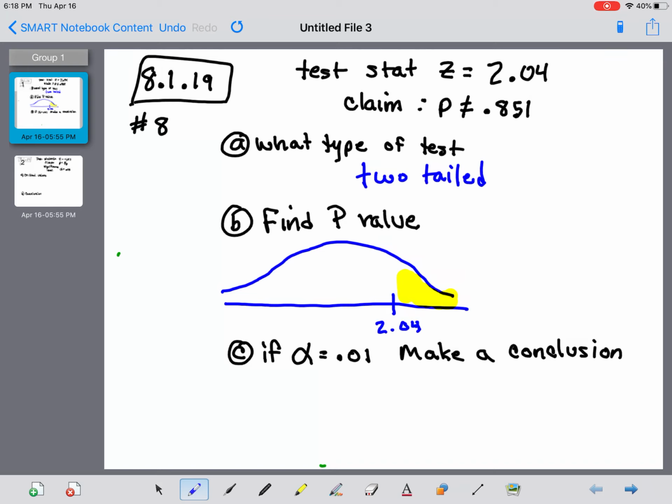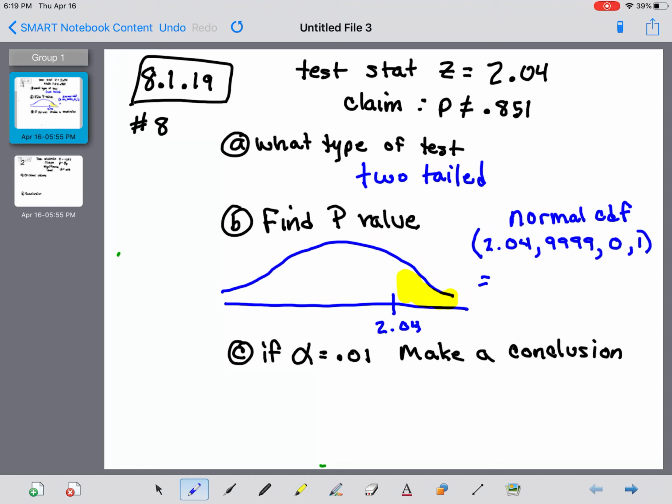To find that area, anytime we're finding area, we use the normal CDF function. I'll write what that will look like on the screen. The lower bound is 2.04. The upper bound is a big number like 9999. The mean is 0 and the standard deviation is 1. I forget where that is in the calculator, let me look it up.